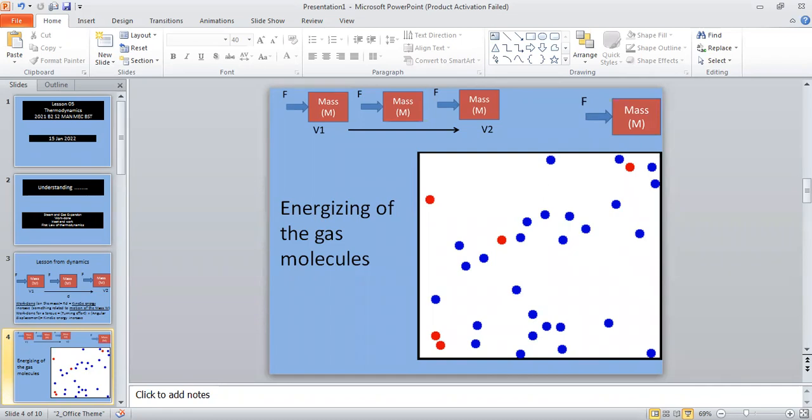So applying a force on a mass, kinetic energy increases, meaning the mass is getting energized. So how can the internal energy be increased? Take your bicycle: you can energize it somehow and let it speed up.